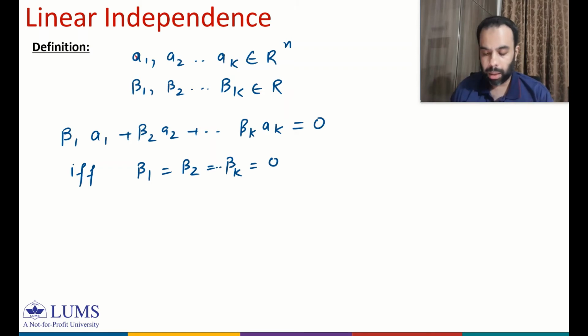Okay, how do we interpret this definition as saying that one vector cannot be expressed as a linear combination of the others?